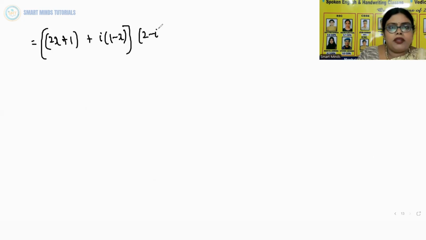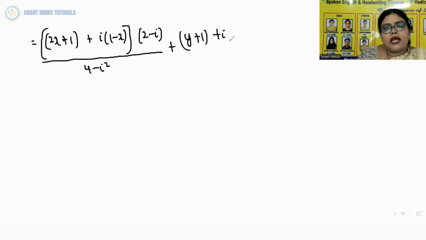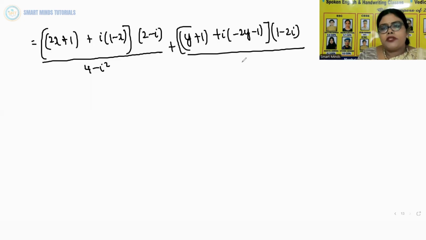So you will get 2x plus 1 plus i into 1 minus x. This we are multiplying and dividing by 2 minus i. So denominator will become (2 plus i) into (2 minus i). It will become 4 minus i square. Now second term, y plus 1 plus i into minus 2y minus 1. This you multiply with 1 minus 2i, and denominator already you have 1 plus 2i. (1 plus 2i) into (1 minus 2i) will become 1 minus 4i square. That is equal to 1 minus 2i.